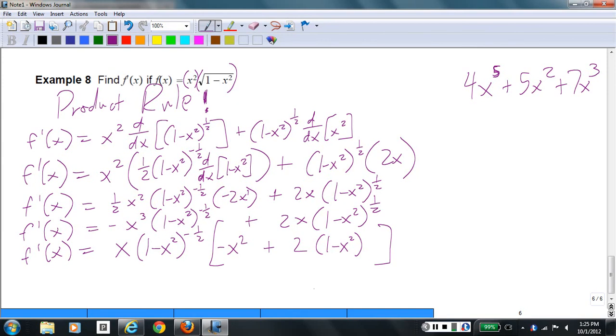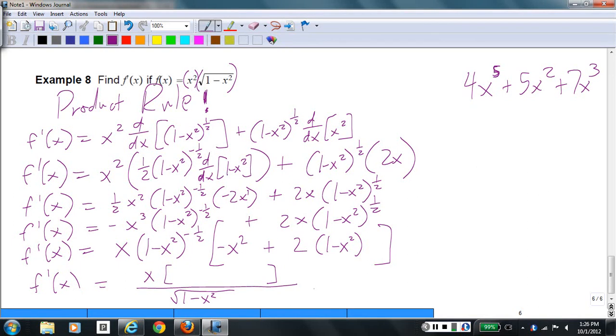And then simplify what's inside the parentheses. By our choice of the exponents, because we went with the lesser of the two exponents on the x's and the lesser of the two exponents on the 1 minus x squareds, we get a nice polynomial on the inside. So we can simplify that, and let's see if we can. F prime of x equals, oh, wow, let's see. The x is on the outside. So I want to write x times, I'll stick with the brackets, I want the square root of 1 minus x squared in the denominator.